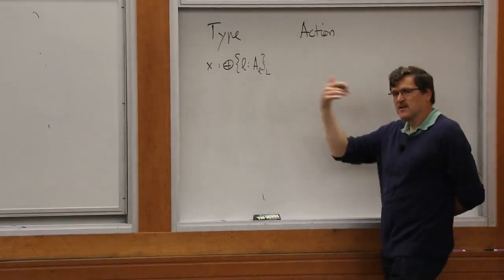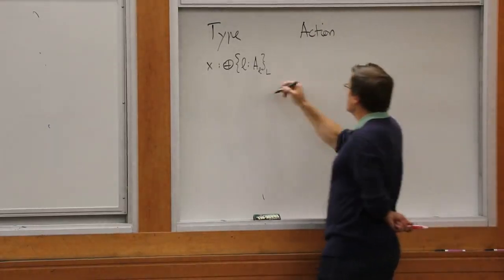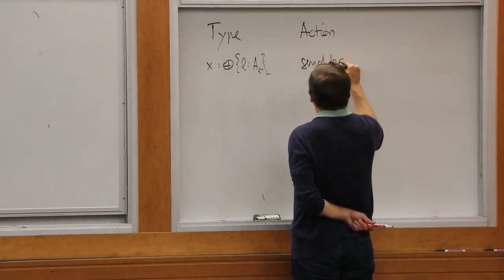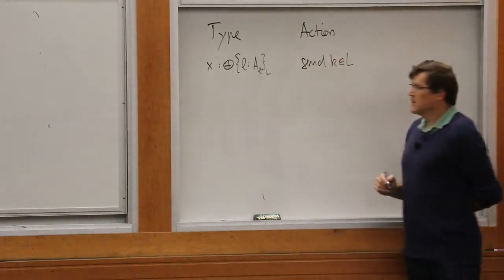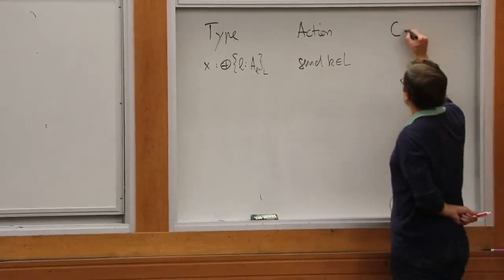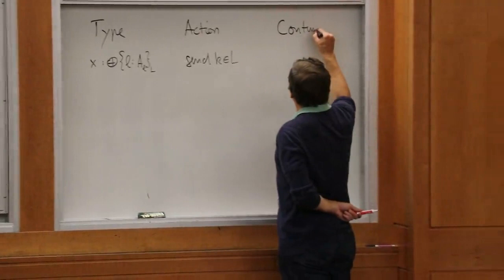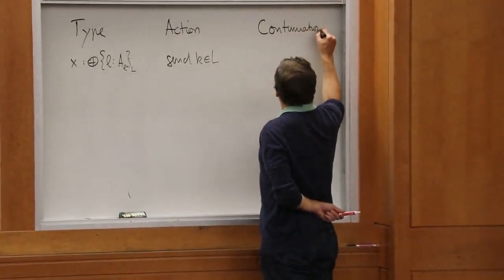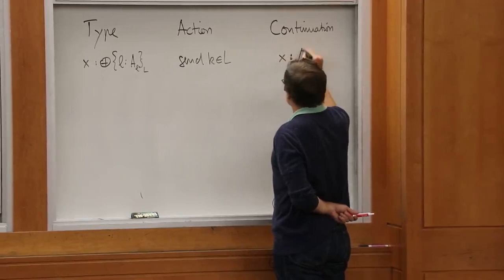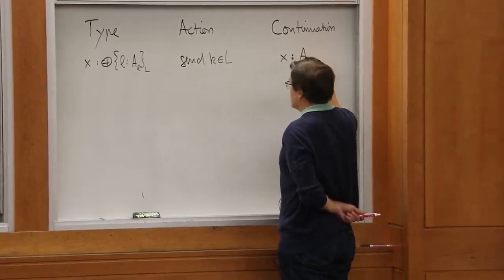If it's on the left, you take the opposite action. So on the right, we send a label K from that label set along the network. And then what is the continuation? Well, the continuation type is X will have type A sub K.